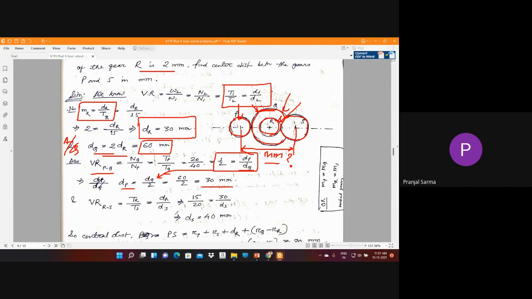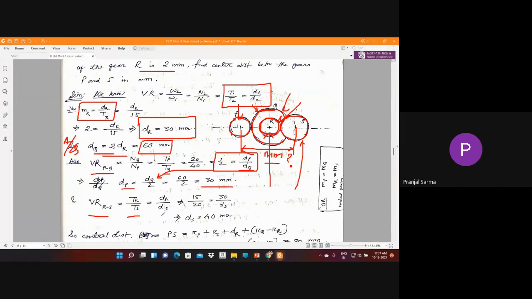Similarly for this particular pair, r and s, they are also in mesh. If we try to find the velocity ratio expression between them, we can write the velocity ratio for r and s as dr by ds, in terms of diameter.